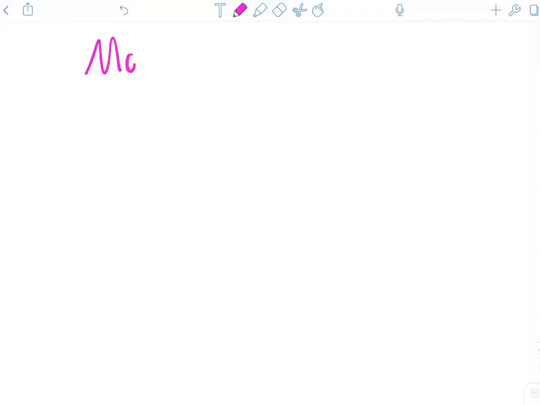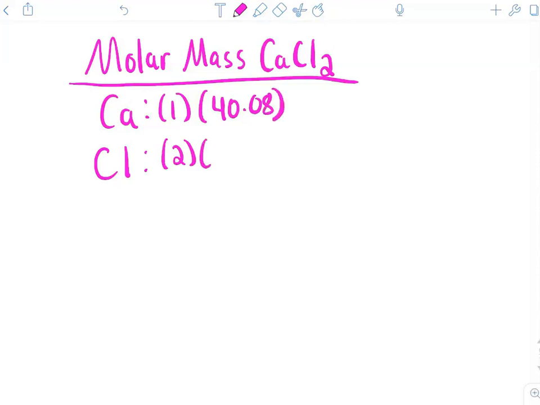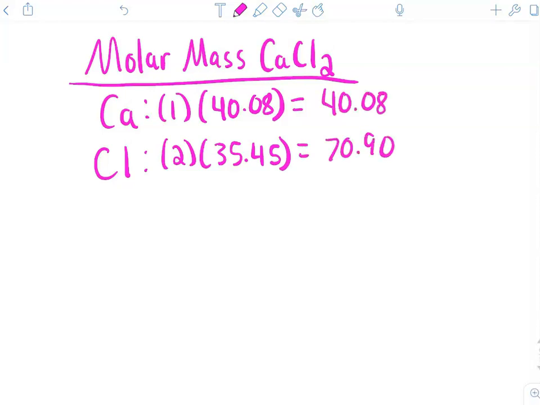So molar mass of CaCl2. So CaCl, we have 1, we have 2, 40.08, 35.45, and 70.90.